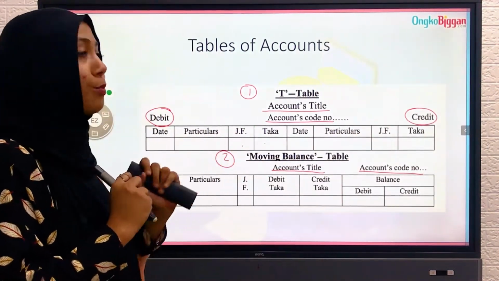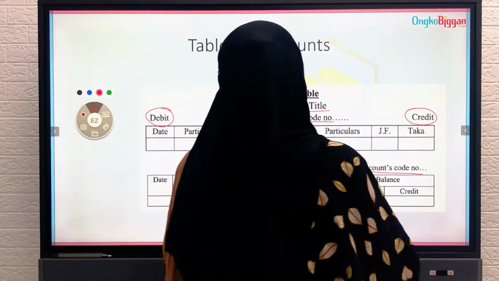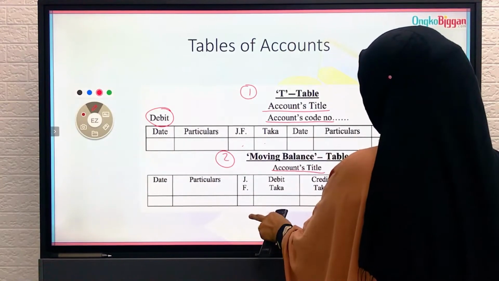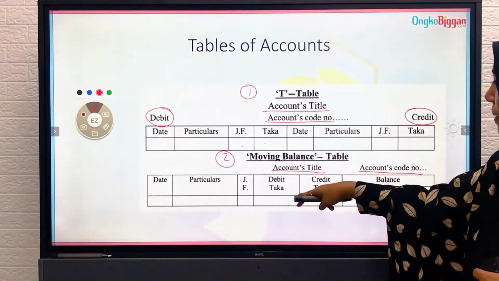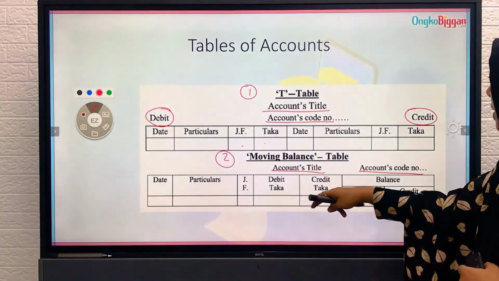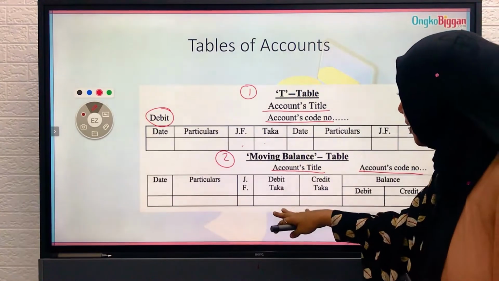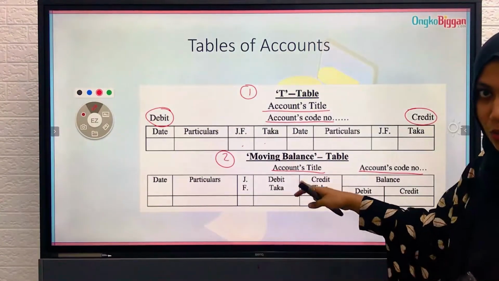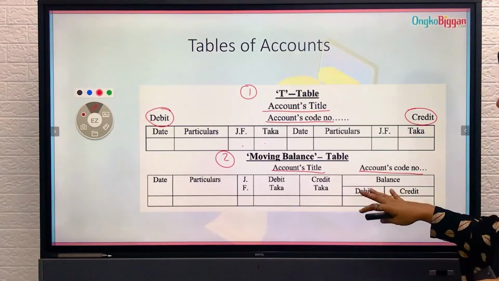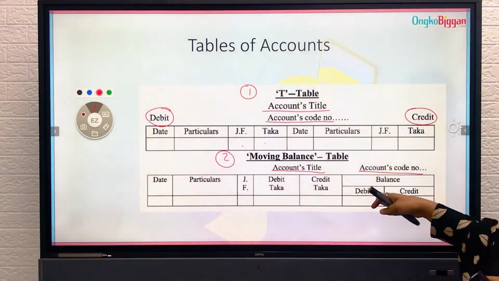But if you look at the moving balance table, we can see there is a date, particulars, journal folio, debit and credit. There are two columns together, a debit part and a credit part, and balance as well. For the value, it is written over here in two columns, and for the balance they have drawn another two columns separately, debit and credit.